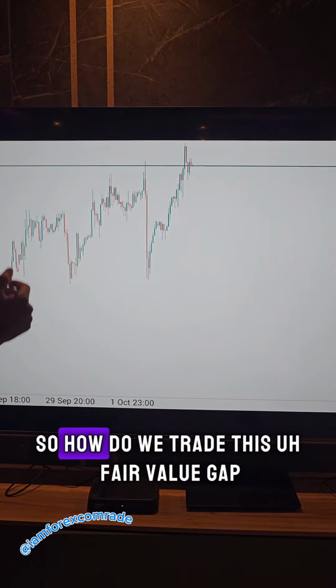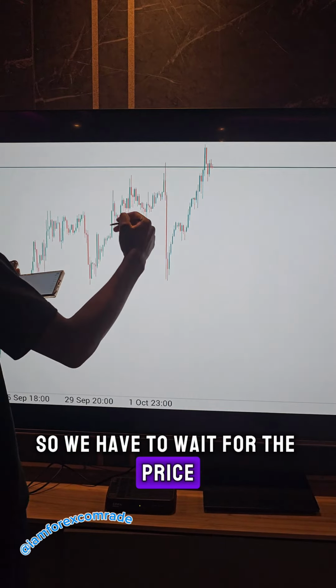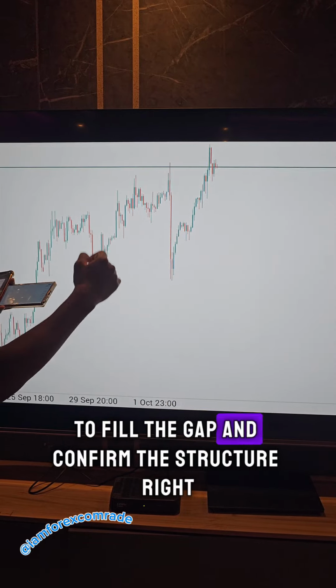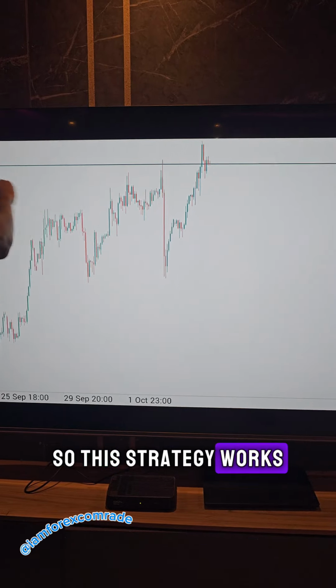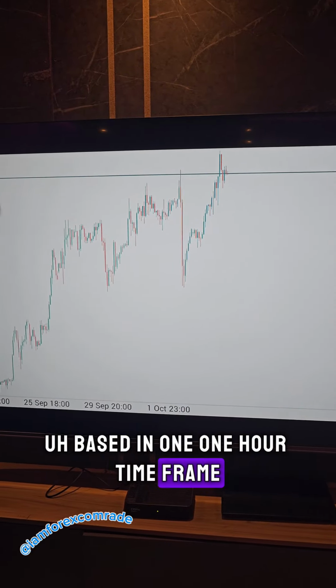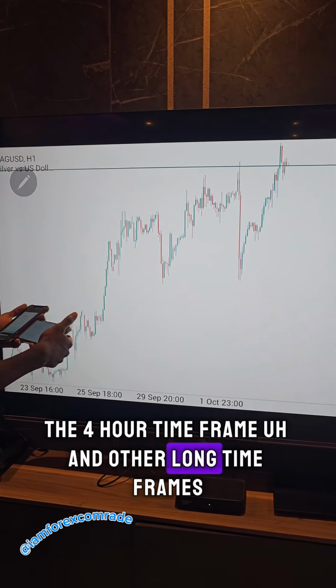So how do we trade this fair value gap? We have to wait for the price to fill the gap and confirm the structure, right? This strategy works in the one hour time frame, the 4 hour time frame, and other long time frames.